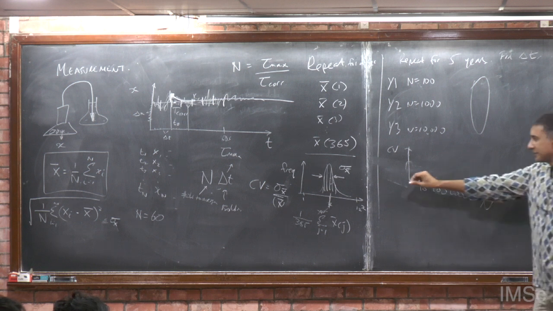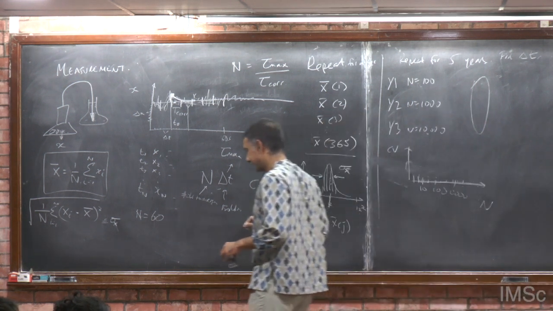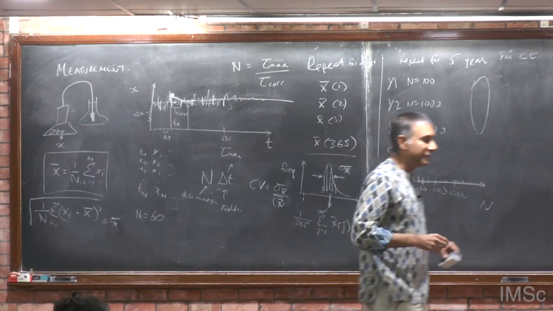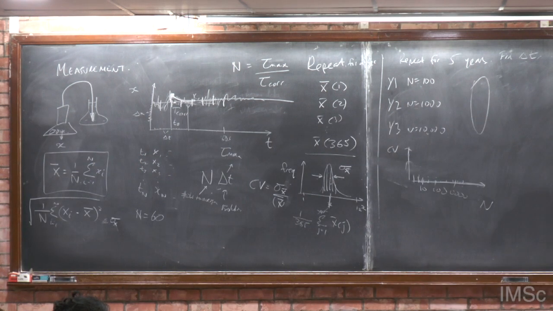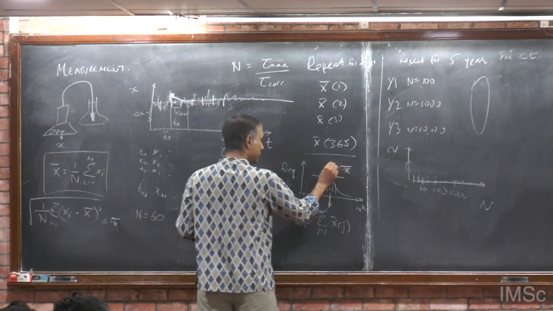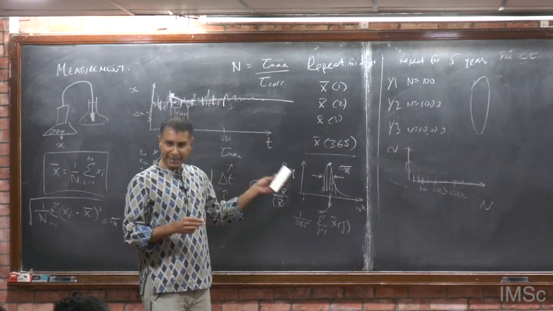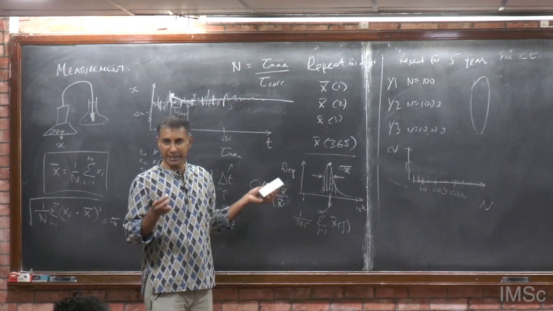So what happens to this? The frequency will increase. What frequency? The frequency of the mean value will increase compared to the other. So you're saying it'll get narrower. It'll get narrower, right? Good.